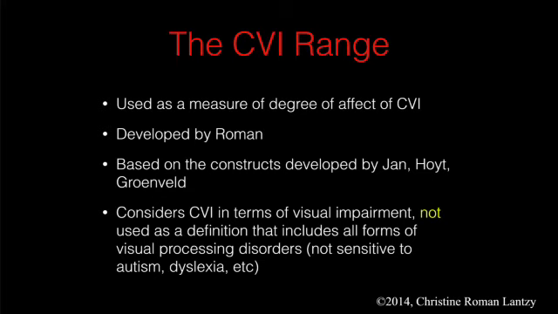In other words, the CVI range is not sensitive to things like autism or dyslexia or visual perceptual issues that are isolated, say perhaps letter reversal, word reversal, figure ground problems. It really is based on the presence of a profile that renders a child visually impaired.